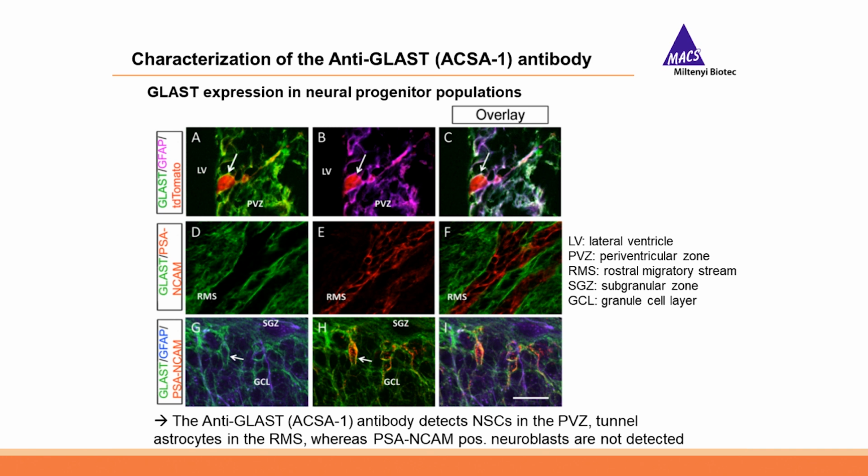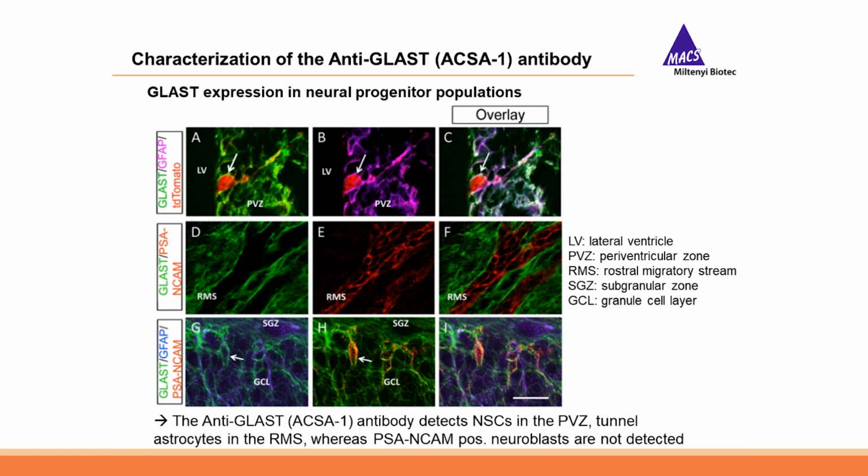And in the second neurogenic region, in the dentate gyrus of the hippocampus, GLAST was strongly expressed throughout the granule cell layer, so that you see in G to I. And it was associated with the GFAP positive processes. And newly generated neurons that were identified by the expression of PSA-NCAM were also GLAST positive. But this is in agreement with the glial nature of the hippocampal neuronal progenitors.